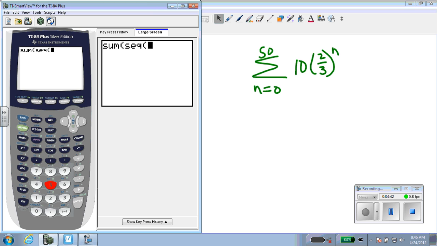Sum of a sequence, 10, 2/3 in a parenthesis, raised to the, and now I don't need a parenthesis because it's just an x for my power. X is my variable, from the 0 term through the 50th term.